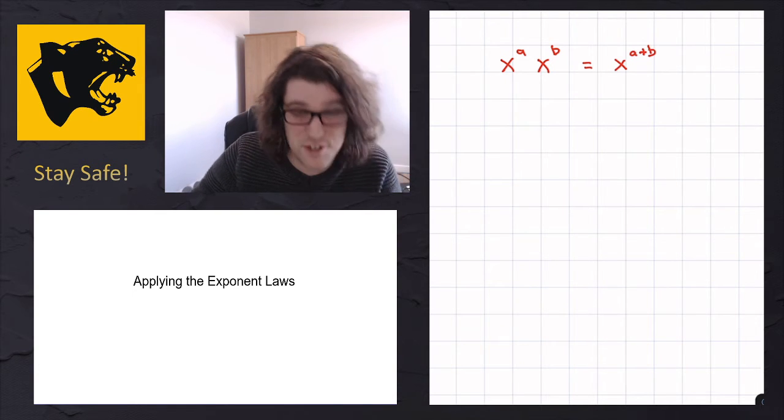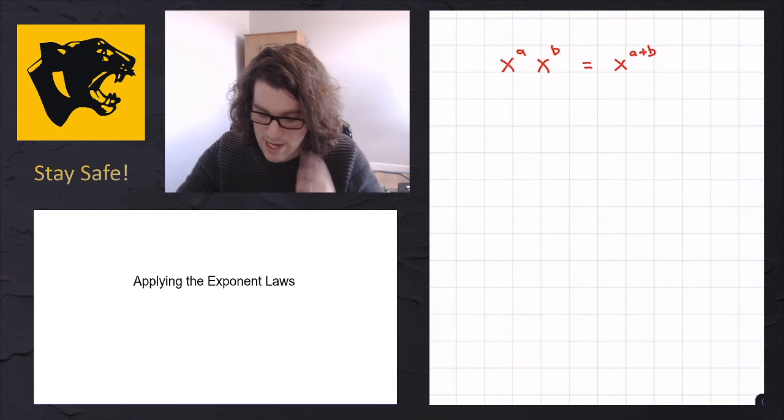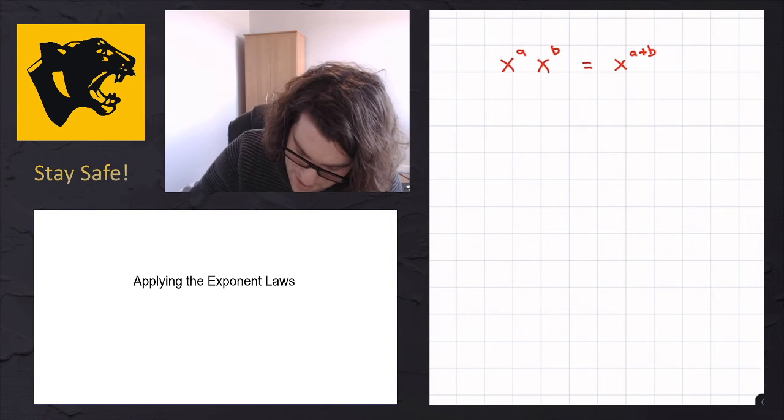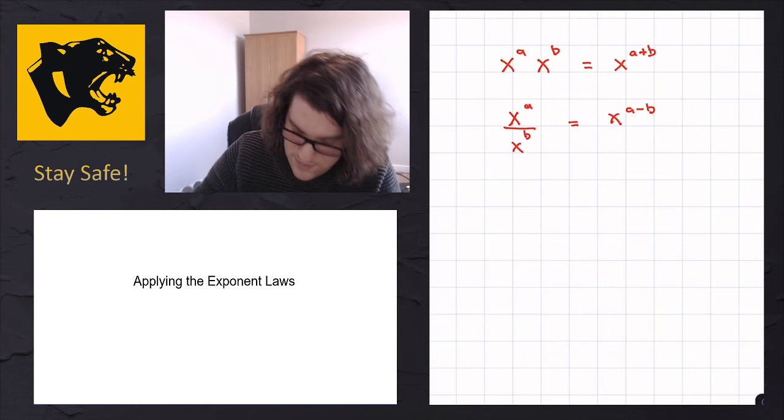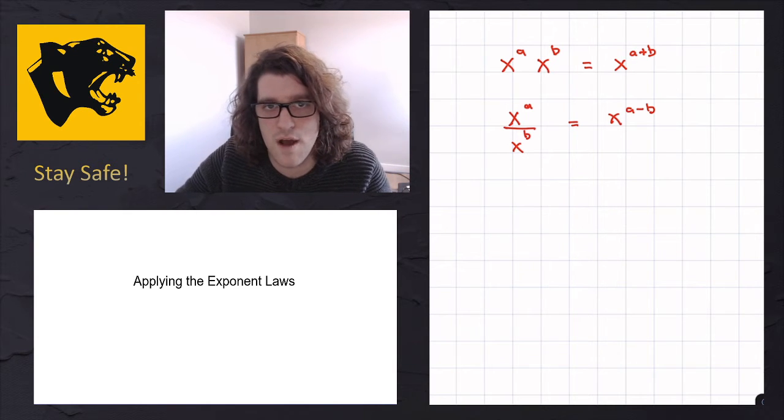And again, I'd mentioned some of these in the last video, but just to recap them, if I have x to the power of a divided by x to the power of b, that would give us x to the power of a minus b. So we can subtract the exponents instead of dividing.